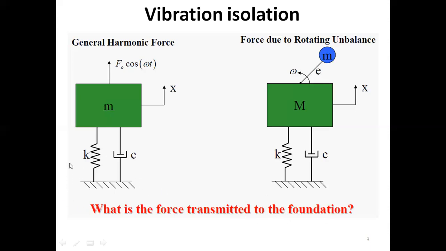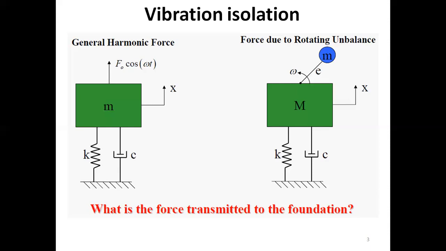One end of the spring and damper is attached to the chassis or the foundation. When the mass is vibrating, we have a spring force and a damper force on this end, which is attached to the mass, and the same forces act at the support, because the support is holding the spring and the damper.